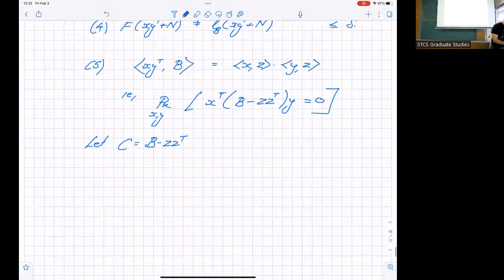So suppose Cij is not equal to 0. If C was fully 0, this is always going to be 0, probability 1 even.